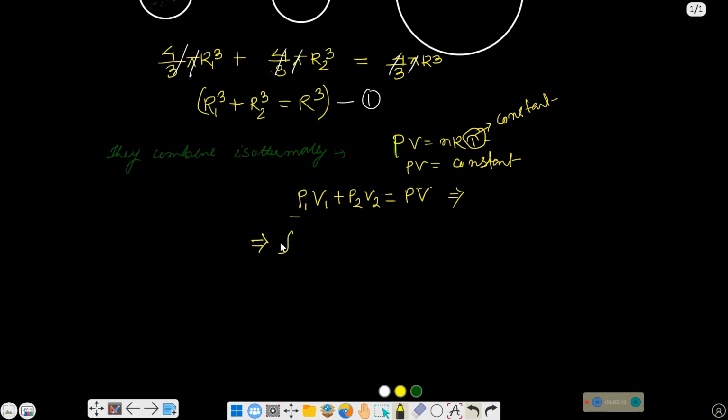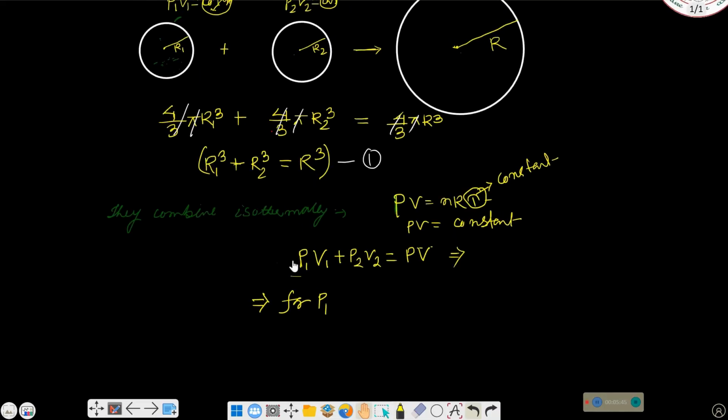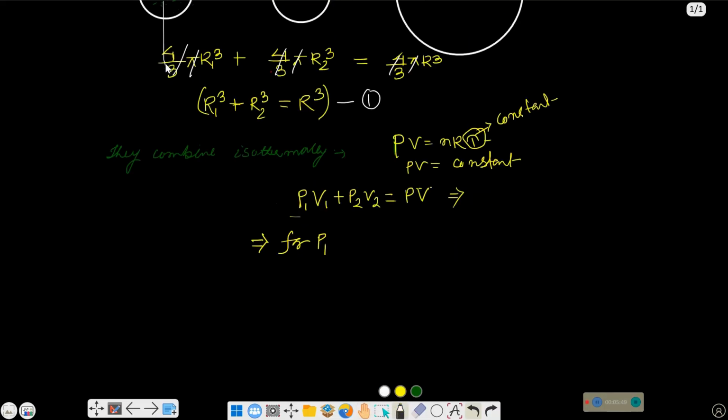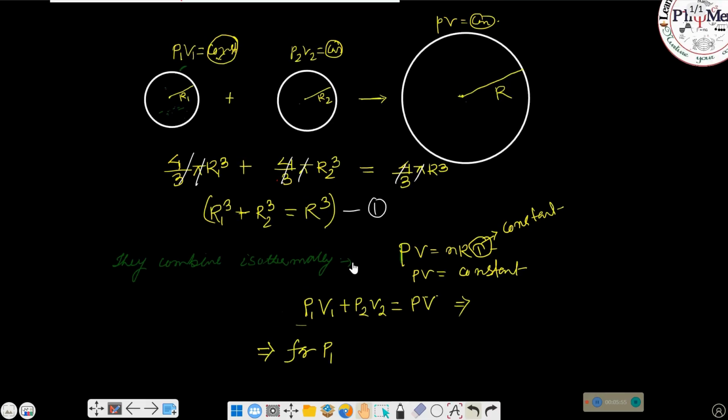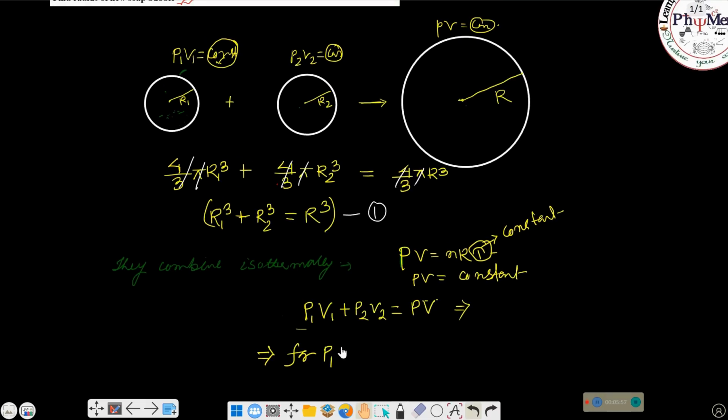Now for P1, P1 is the pressure inside this first bubble, and P2 is the pressure here.